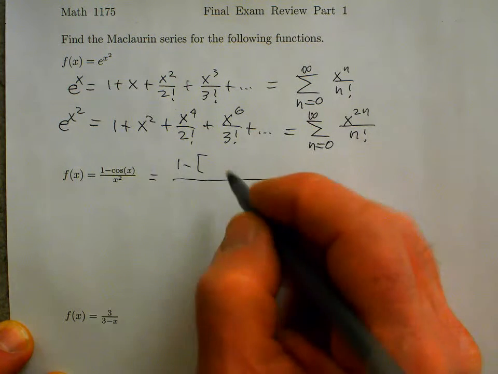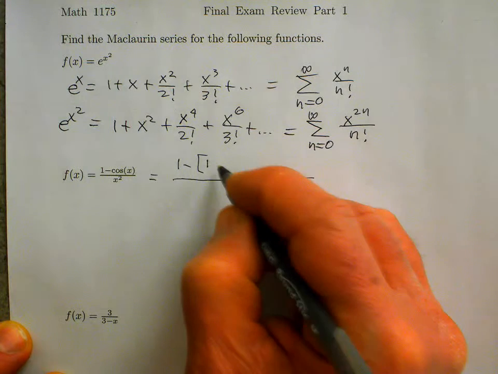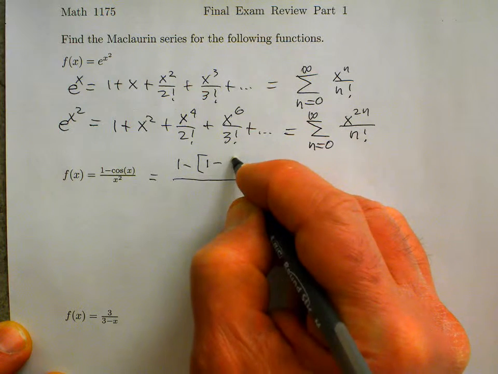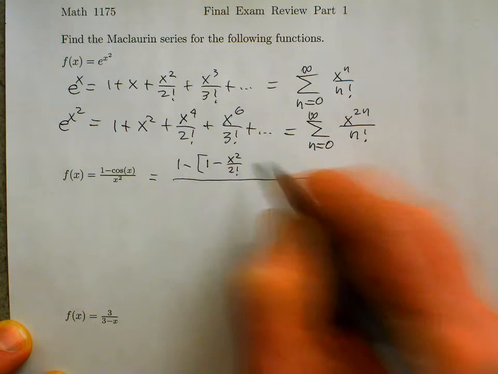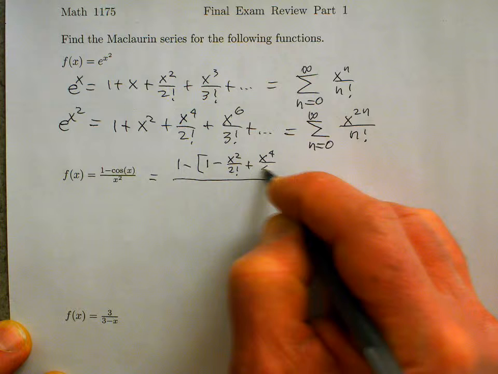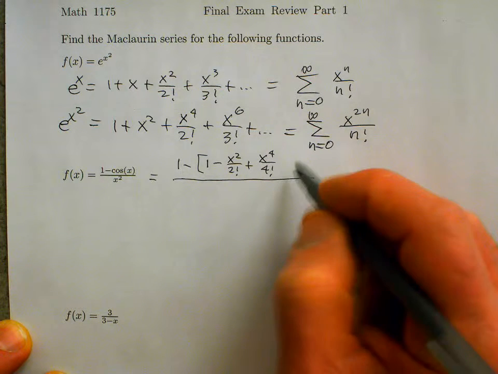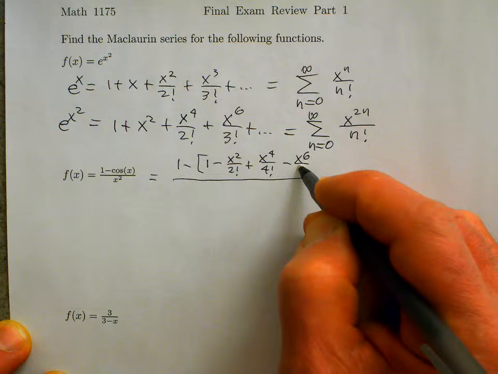So cosine of x, the Maclaurin series is 1 minus x squared over 2 factorial plus x to the fourth over 4 factorial, and so on.